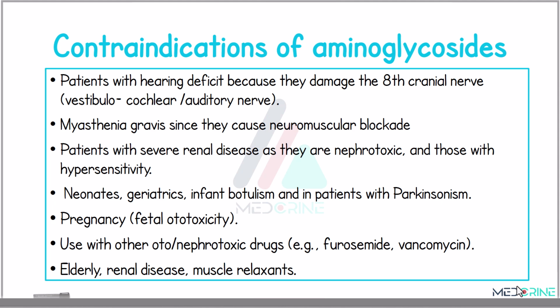We don't use aminoglycosides in neonates, geriatrics, and patients with infant botulism and patients with Parkinsonism, and we do not encourage the use of aminoglycosides in pregnancy because aminoglycosides are known to cross the placental barrier, causing fetal ototoxicity.